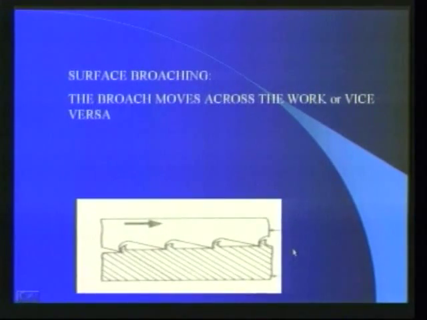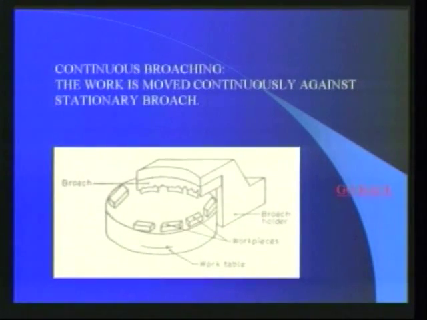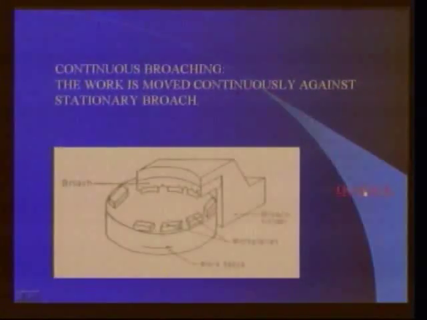Next one is surface broaching. The broach moves across the work or vice versa. Next one is continuous broaching. The work is moved continuously against a stationary broach. The broach is stationary, and the table revolves with workpieces.